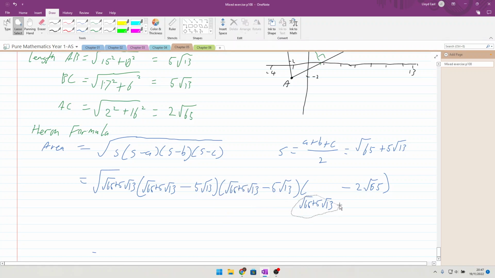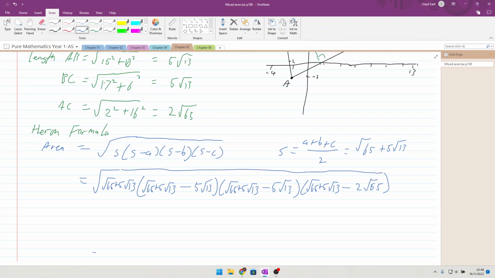Okay, put them where they're meant to be. Okay, and with all of that in, we can then put it into the calculator and see what we get.